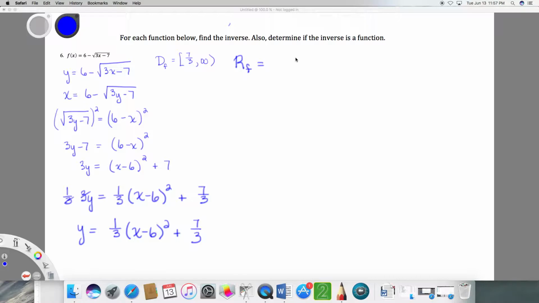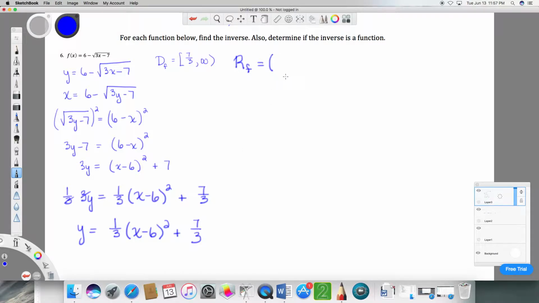That's a difficult thing to determine until you build a little more knowledge of the library of functions, and you're able to sketch the graph of the square root of x and do these transformations, shifting the graph left or right or up or down, or stretching or shrinking it. We do look at that later on.